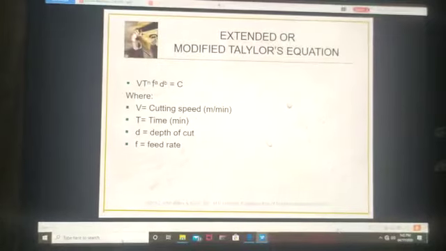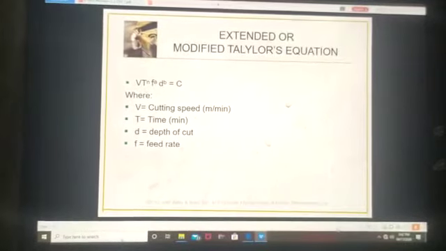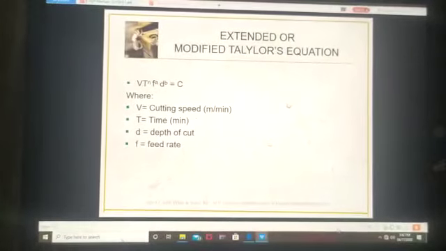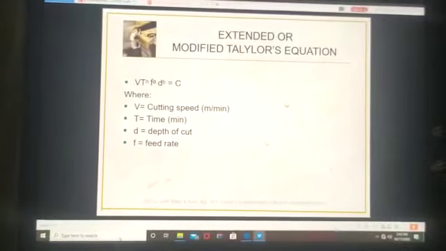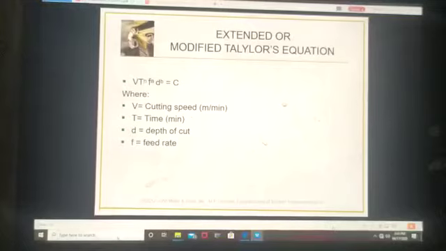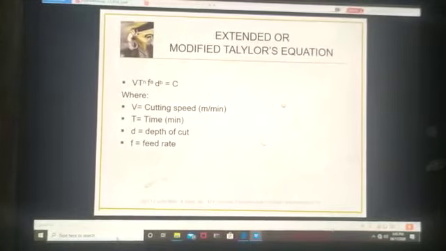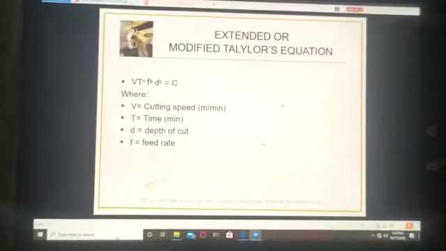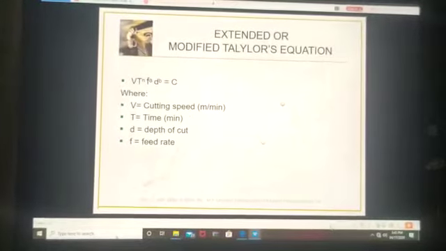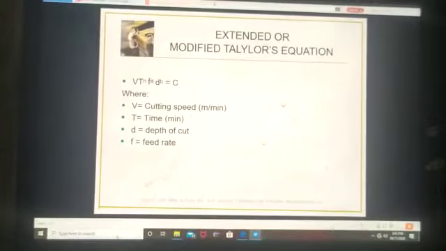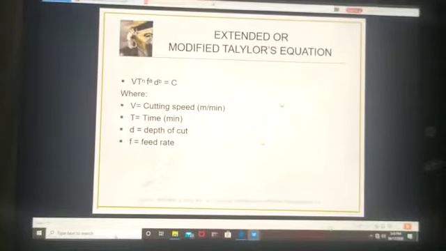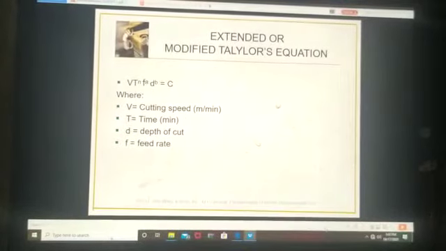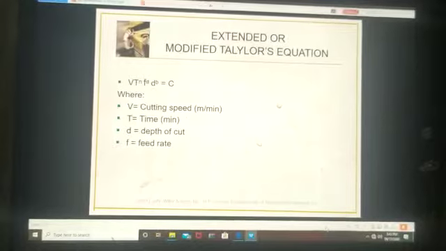Then Taylor's equation is modified. The other equation is V T^n F^a D^b = C, where V is the cutting speed, T is the time, D is the depth of cut measured in mm, and F is the feed rate.